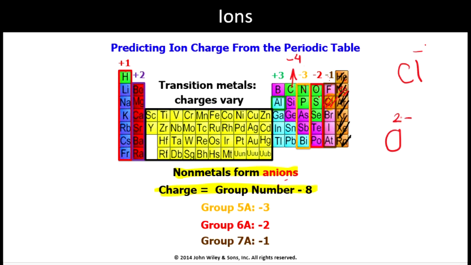I recommend, whenever you have a periodic table, please write the charge for the groups. Metals 1, 2, 3 positive, and non-metals 4 negative, 3, 2, 1 negative. Nitrogen: group number 5, 3 negative. So as you see here, we may have it like this.